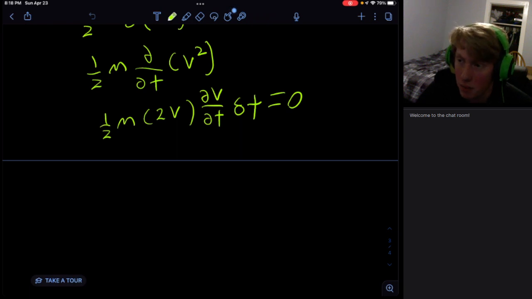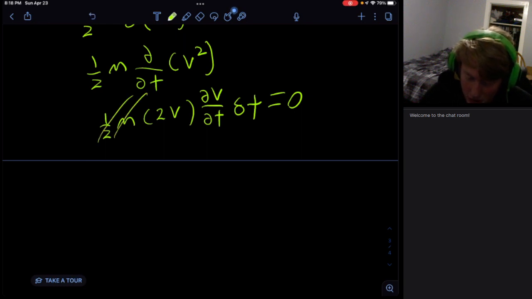Okay, we're basically going to look through now and see what we can set equal to 0, what we can't. Mass is just a constant. So is 1/2. We can get rid of that. We can get rid of 2 as well. Velocity, that's another quantity that we can't really just assume is going to be 0.